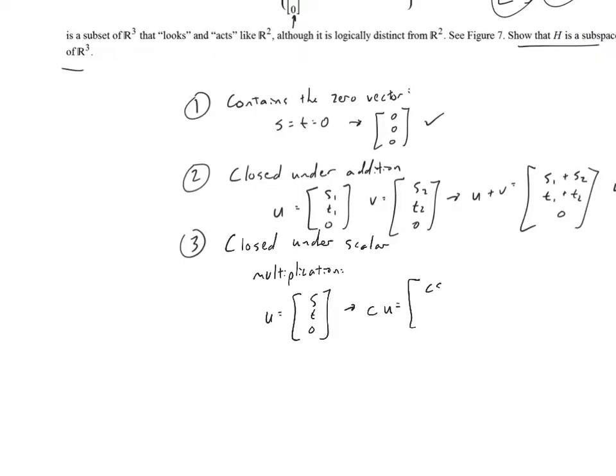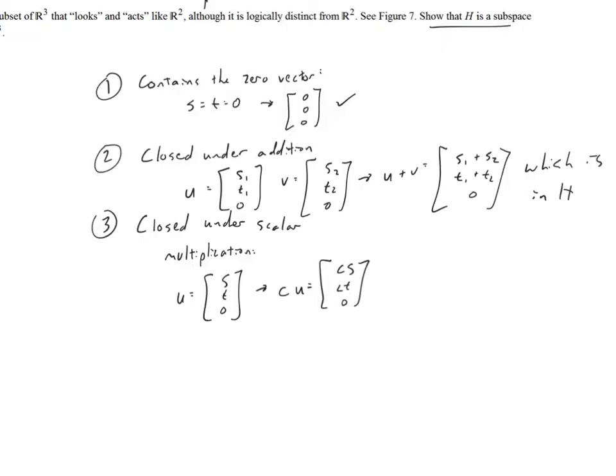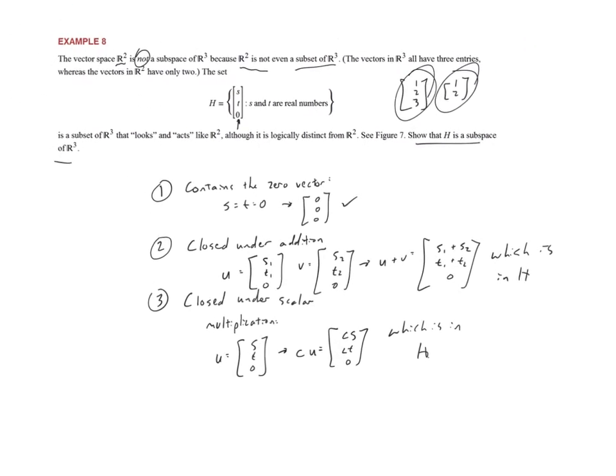Well, it's (cs, ct, 0), which I know is in H. And how do I know it's in H? Well, because this entry is a real number, this entry is a real number, and 0 stayed a 0 when I multiplied it by that scalar. Okay, so those are the steps to show that something is a subspace.